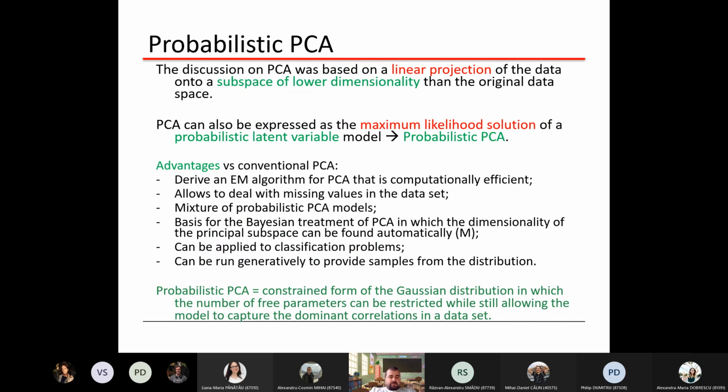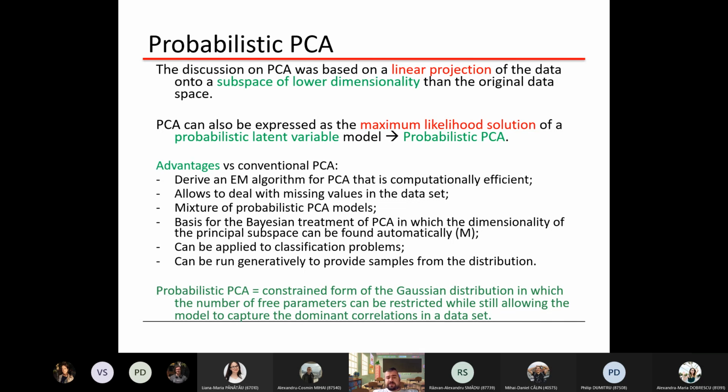Now, we will continue with probabilistic PCA. What we talked about in PCA till now was based on a linear projection of the data onto a subspace of lower dimensionality. But at the same time, PCA can also be expressed as the maximum likelihood solution of a probabilistic latent variable model, which leads to probabilistic PCA.